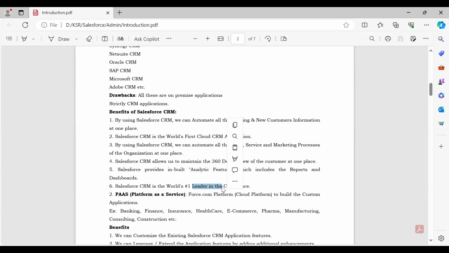And we have discussed the benefits of Salesforce CRM application. Now, second one. What is the second cloud computing model? Second one is platform as a service, in short, we call it PaaS. Now let me explain what Salesforce provides as part of this cloud computing model.